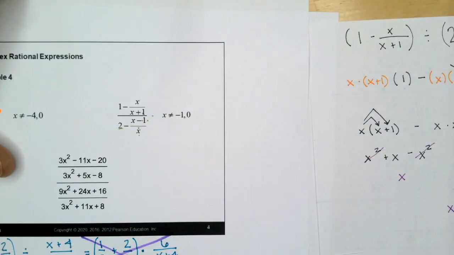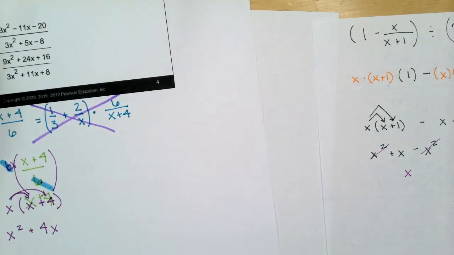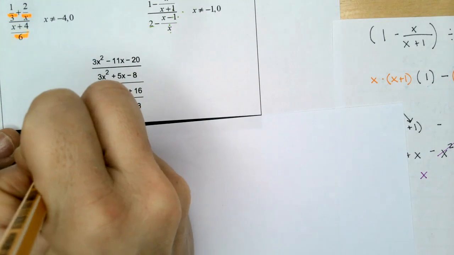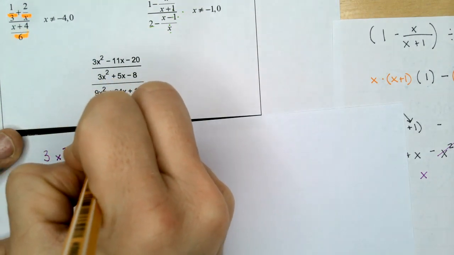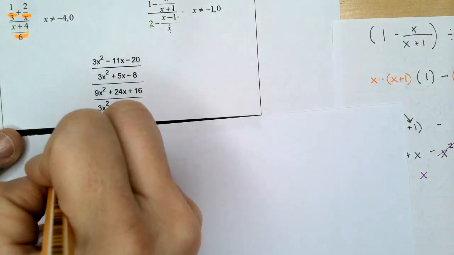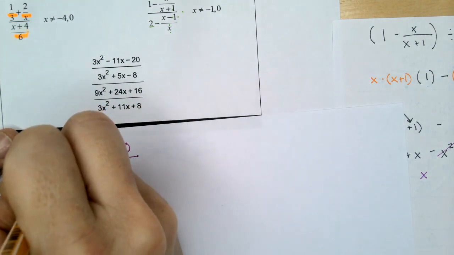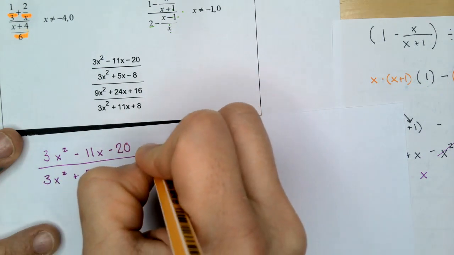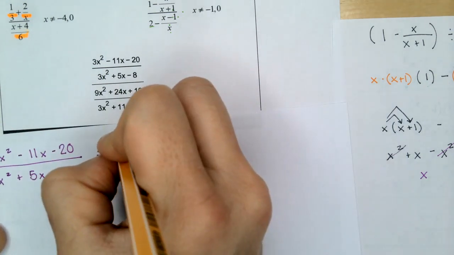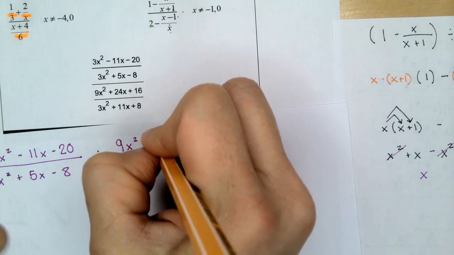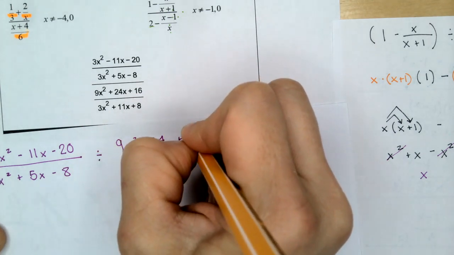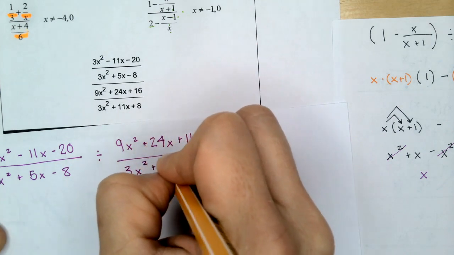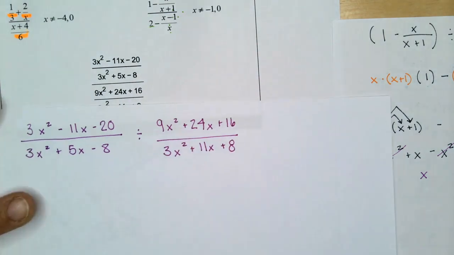What's the difference between division and multiplication? It is that this one is 3x squared minus 11x minus 20 over 3x squared plus 5x minus 8 divided by 9x squared plus 24x plus 16 divided by 3x squared plus 11x plus 8, right?